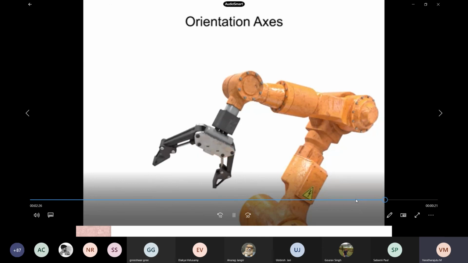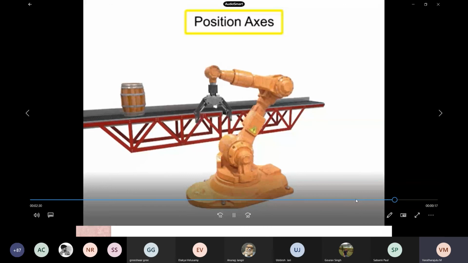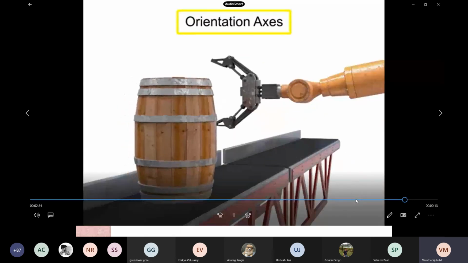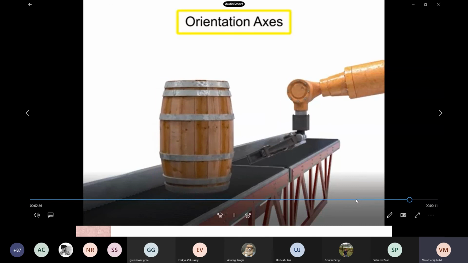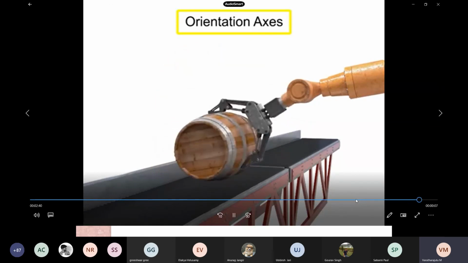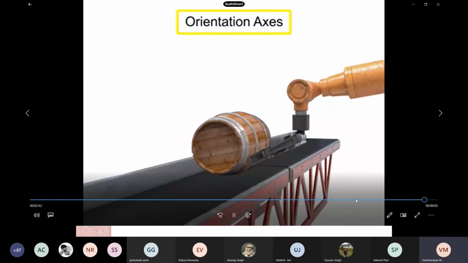Yaw turns the tool left and right. The position axes movement at the waist, shoulder, and elbow, along with the orientation axes movement of pitch, roll, and yaw, allow the robot to accomplish its tasks within the work envelope.